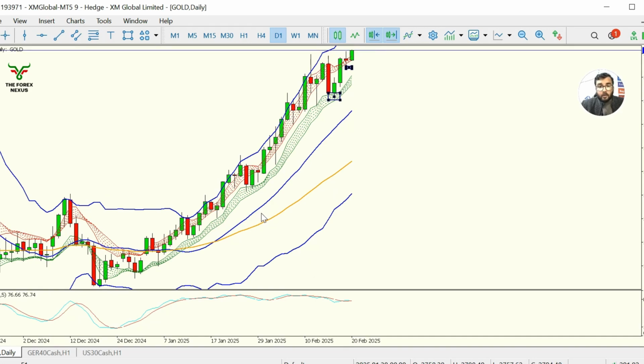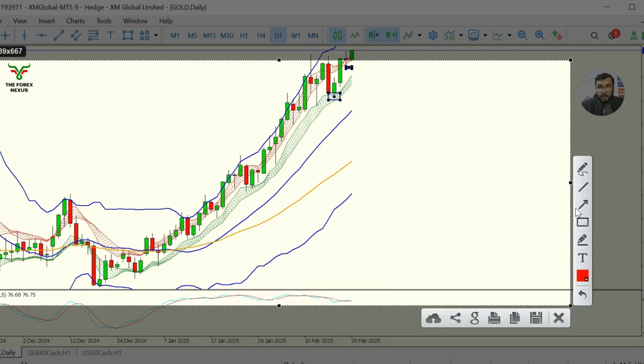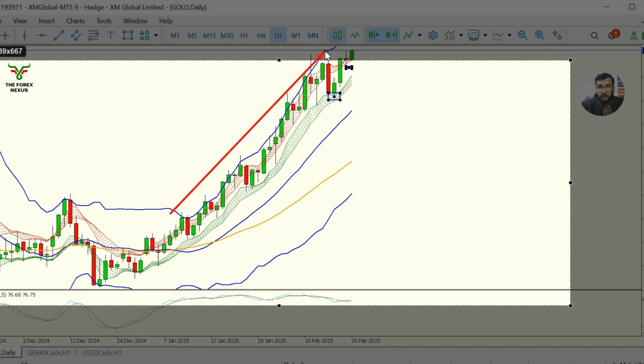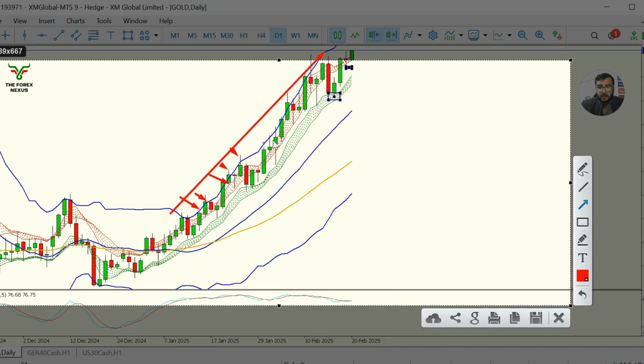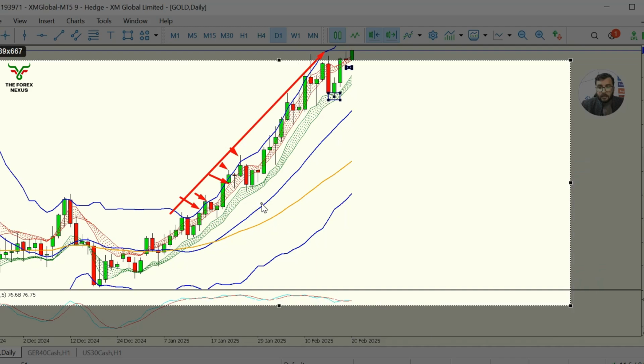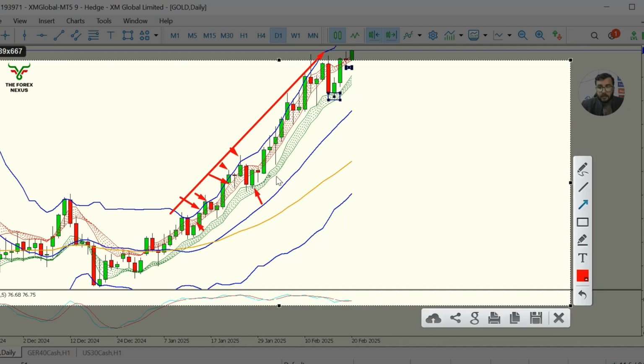And if we look at the BBMA re-entry concept, let me explain more. The market is moving upside, forming momentum, and then the market gives a re-entry, so we can hold our trades.